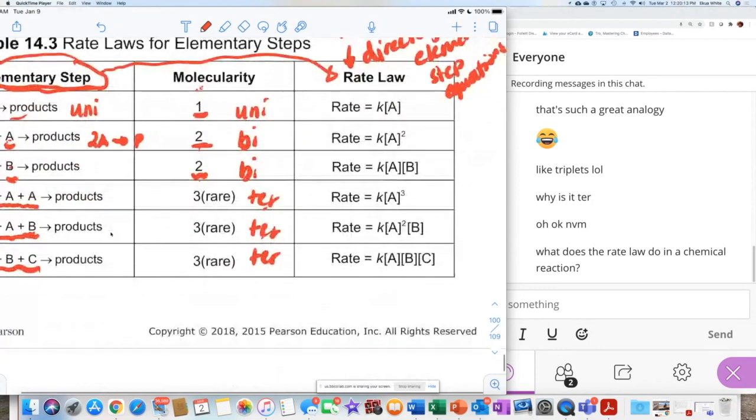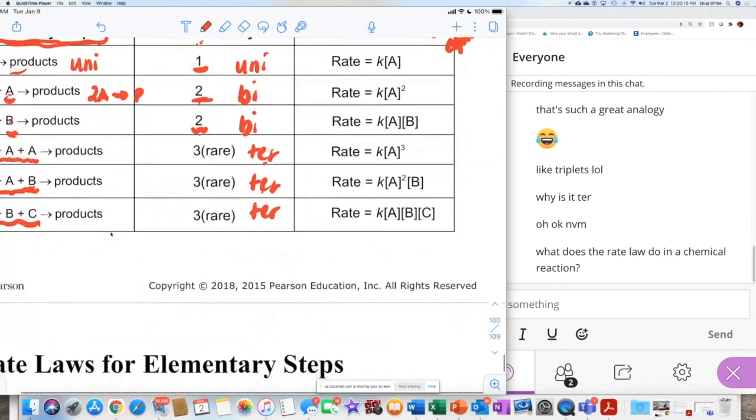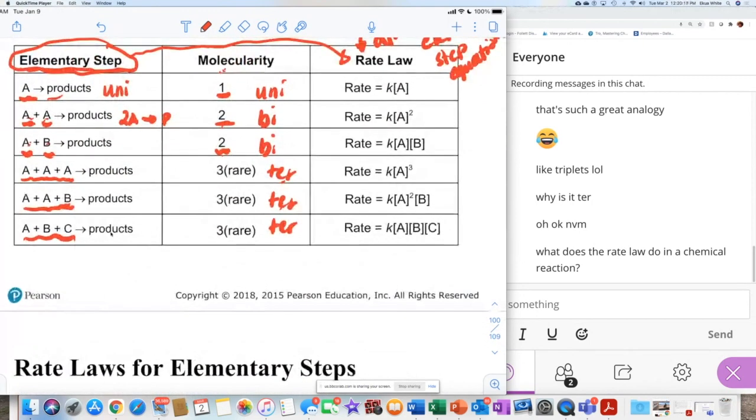Okay, so here's the deal. The rate law helps us to predict how each reactant's change will influence the rate of the reaction. For that one, I can't use the movie scene because the movie scene doesn't really work.